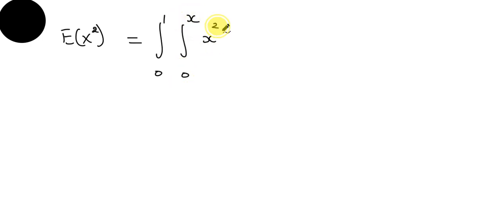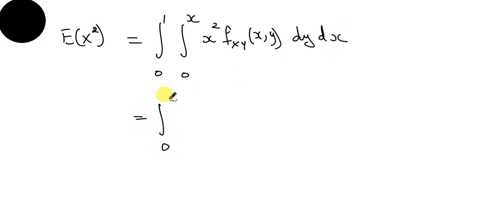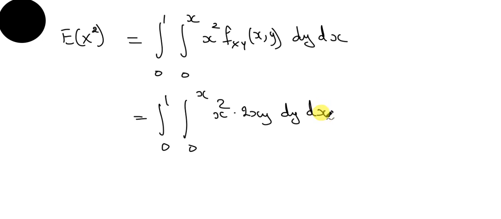Okay, next I need to find my E of x squared. E of x squared is going to be integral 0 to 1, integral 0 to x, x squared fxy of x comma y into dy into dx. So this is going to become integral 0 to 1, 0 to x, x squared into 2xy dy dx.